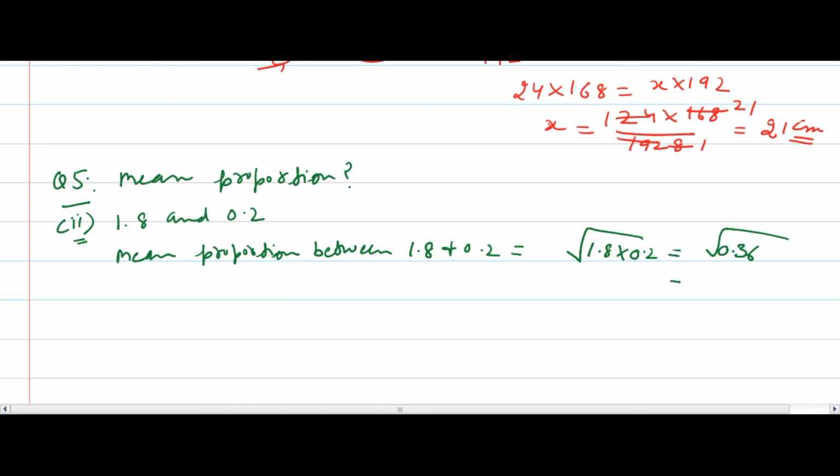So what will become? 6 6 ja 36. So what our answer would be? 0.6. Right, students? 0.6. So this is our mean proportion. So remaining part you can do at home. That is your homework.